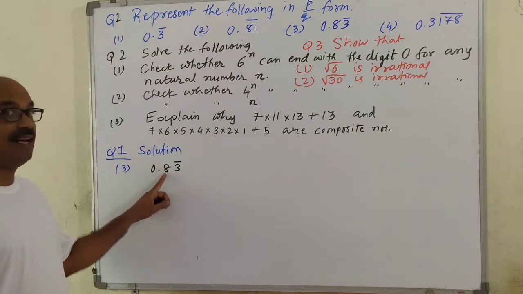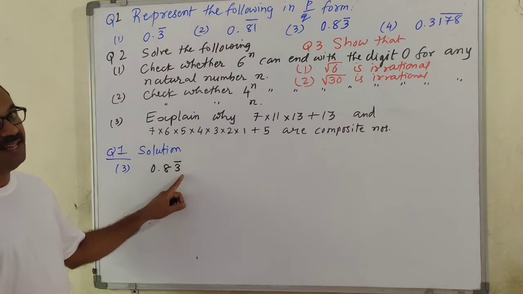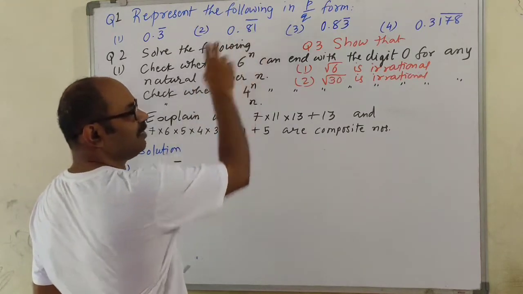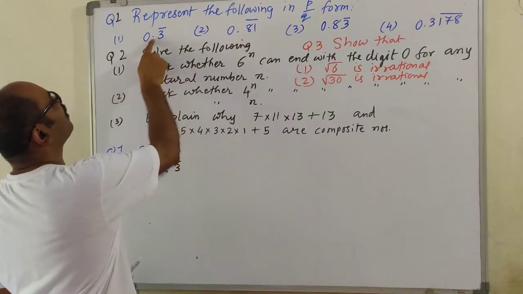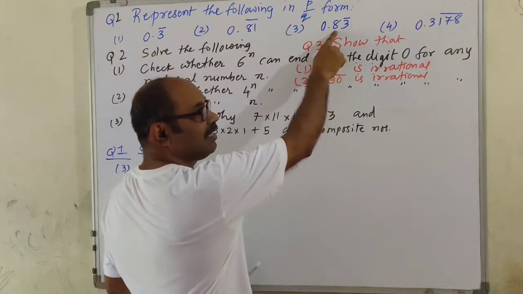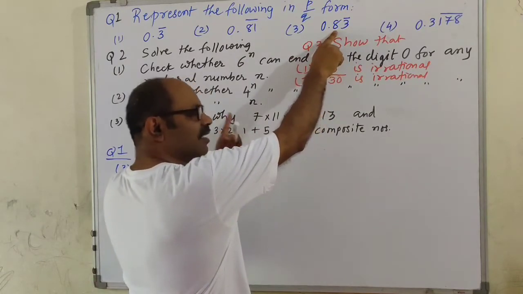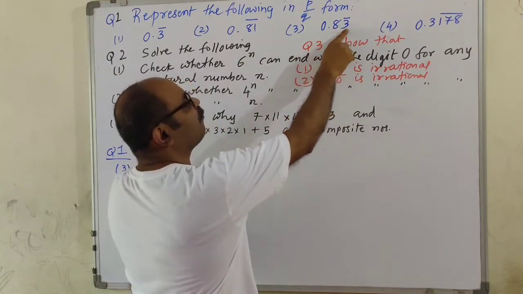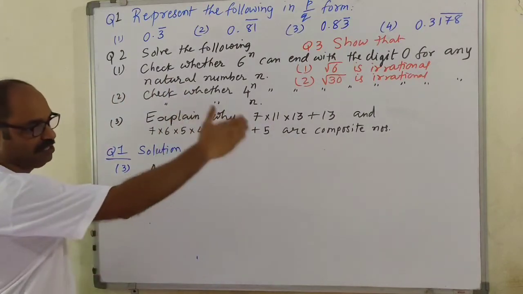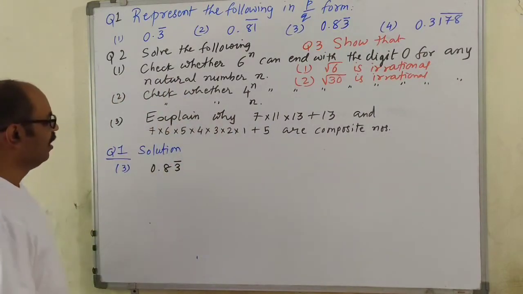Soon after the decimal there is 8 and then 3 is recurring. Here soon after the decimal 2 digits were recurring. Soon after the decimal 1 digit was recurring. Soon after the decimal 1 digit is constant. It remains the same. And after that 3 is recurring. So a little bit tougher job, especially while subtracting.